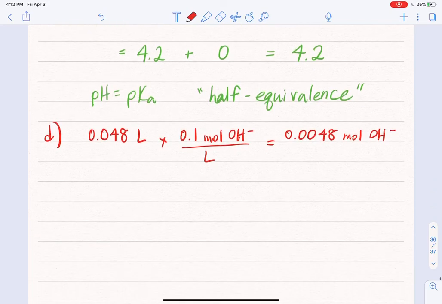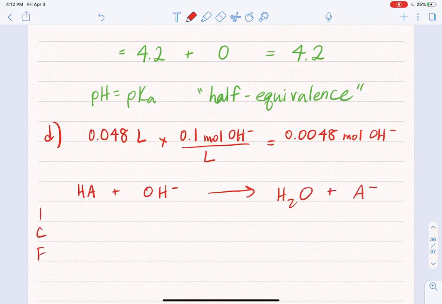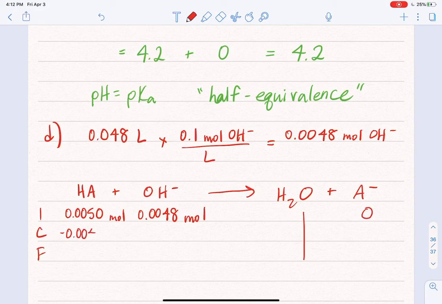So if I look at how that reacts with the benzoic acid, of course that reaction goes to completion to make water and the conjugate base. And if I make an ICF chart, starting with the original number of moles of benzoic acid and the number of moles of hydroxide that I'm adding, I can see that the values are getting more similar.